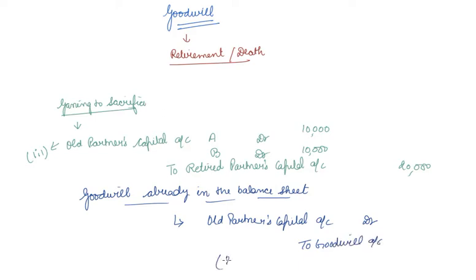You will write off the goodwill value in what ratio? In their old ratio. So first of all you will write off the goodwill value that is present in the balance sheet.